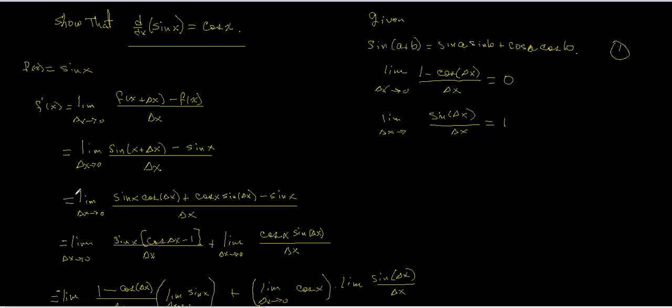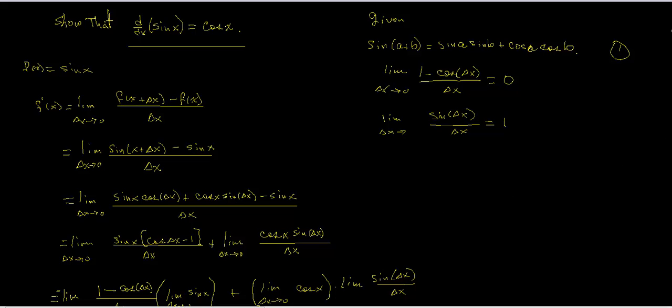And continuing from there, we say that the limit as delta x goes to 0 equals, here we would need to substitute the expression above, or rather equation number 1 over there. So we write the sine of x cosine delta x plus cosine x sine delta x minus, just like up here, the sine of x, and everything again divided by delta x.